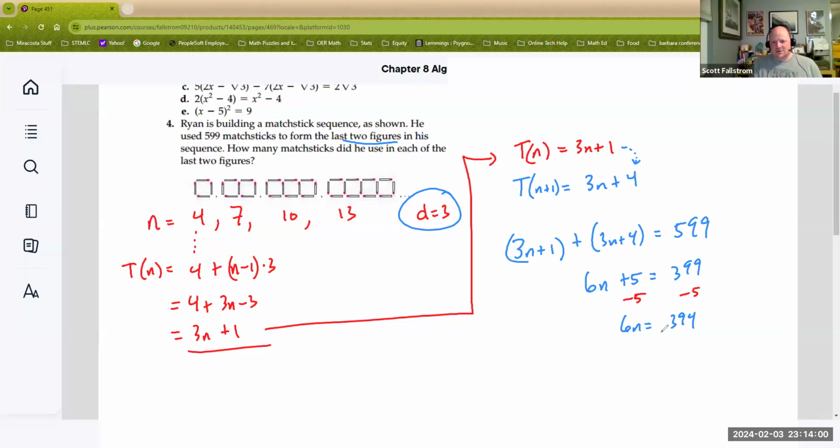Yep. So 394 divided by 6, that gives me an n value of 65.6. That doesn't even give me a whole number for my term. But if it was 65 on the term, 65 times 3 plus 1 gives me 196.